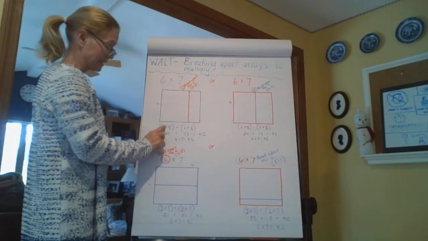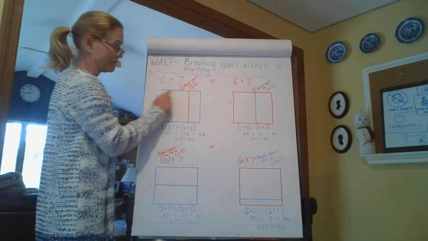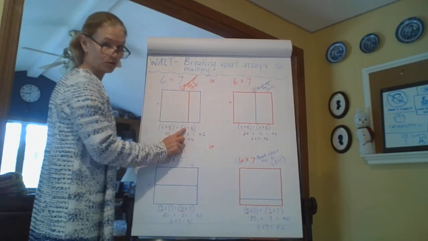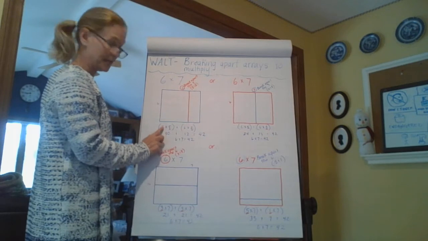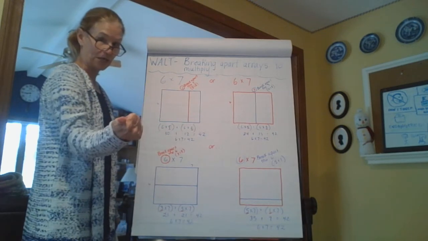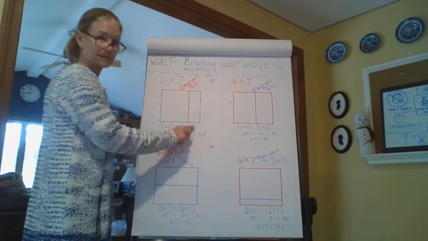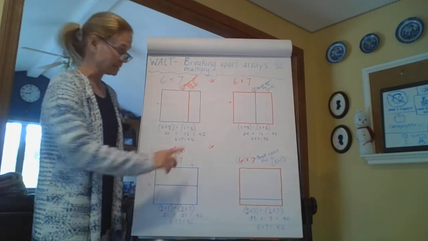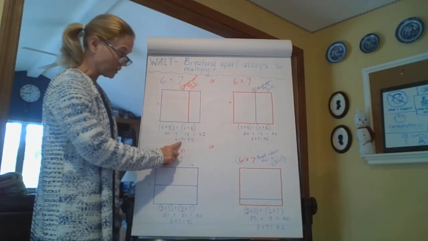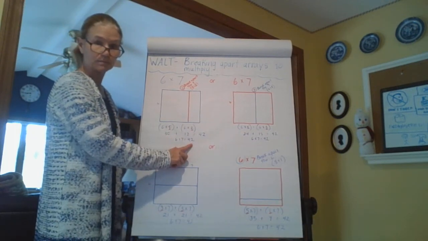So 6 times 5 plus 6 times 2. 6 times 5 was easy: 5, 10, 15, 20, 25, 30. So 30. 6 times 2, my doubles, 6 plus 6 is 12. 30 plus 12 is 42. So I know 6 times 7 is 42.